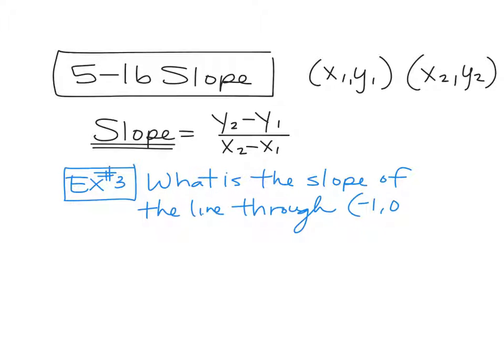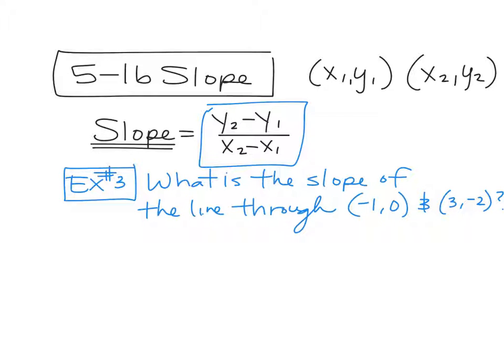So if I have -1, 0, and 3, -2. Okay, if I want to know the slope between those 2 points, all you have to do is plug those points into this slope formula.